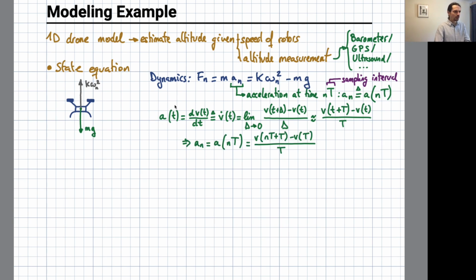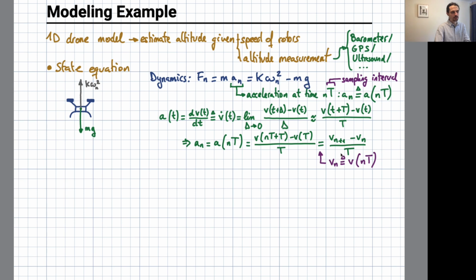If we now discretize this equation in time, evaluating it at little t equals n times capital T, this is what we obtained. The nth sample of the acceleration equals this expression here, but now we see that these are values of the velocity at integer multiples of the sampling interval.